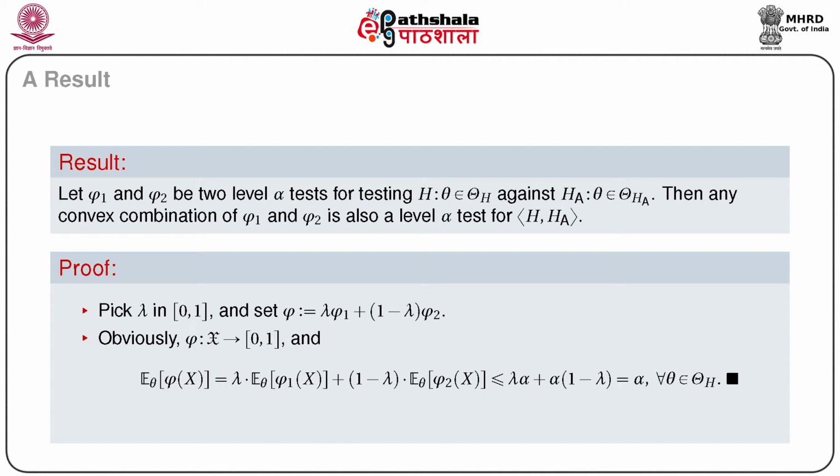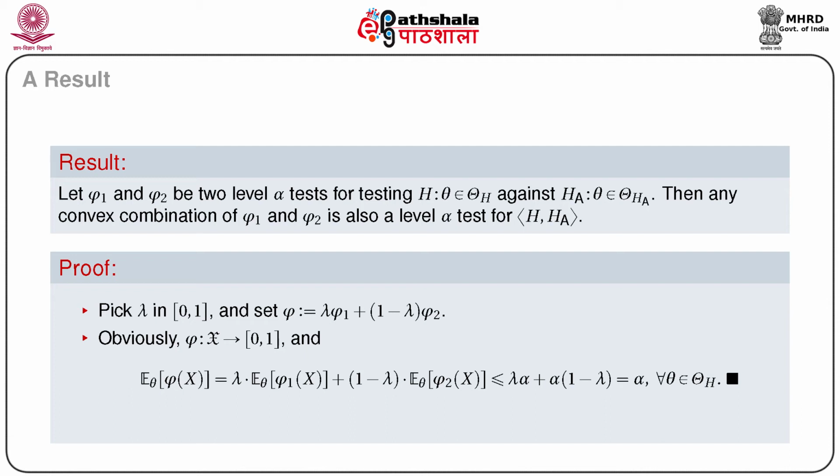Moreover, the expectation of phi(X) under theta is equal to lambda times the expectation of phi1(X) under theta plus (1 minus lambda) times the expectation of phi2(X) under theta, which is less than or equal to lambda times alpha plus (1 minus lambda) times alpha for all theta belonging to script Theta_H.